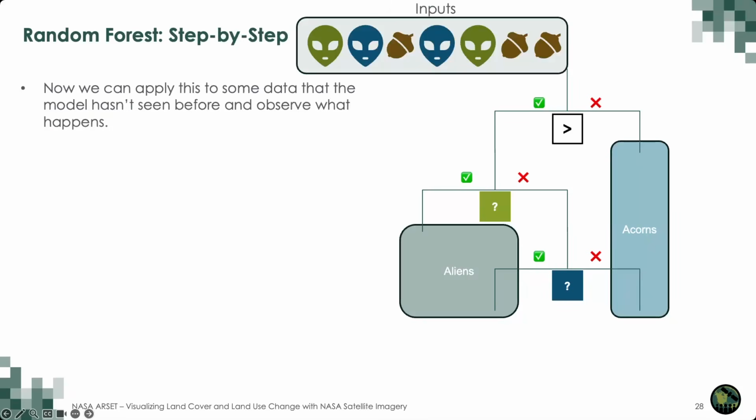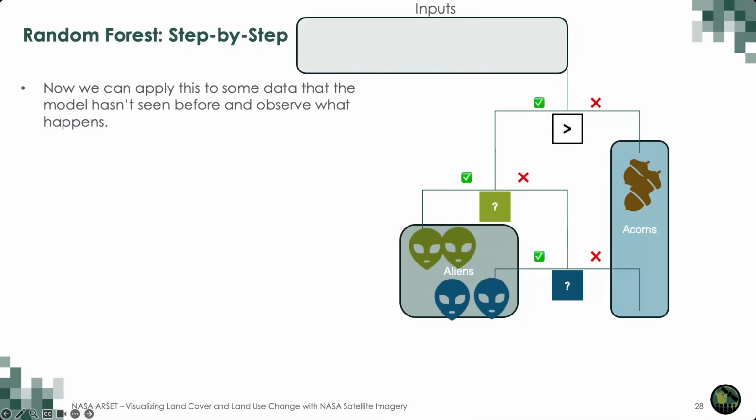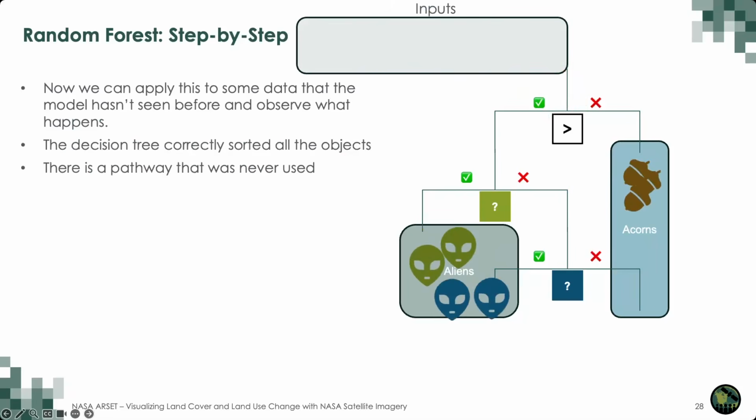Now, we can apply this to some data that the model hasn't seen before and observe what happens. The decision tree correctly sorted all of the objects, but notice that there's an unused path. This would represent acorns which are bigger than aliens, but neither blue nor green.